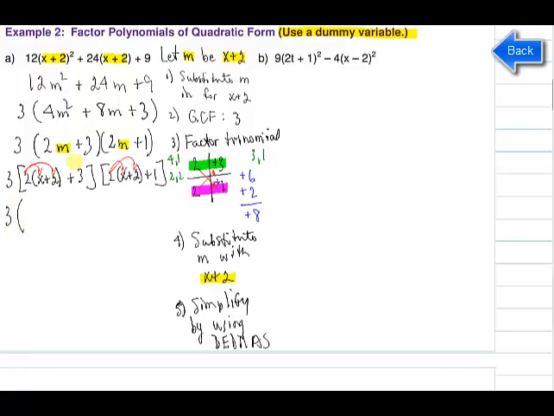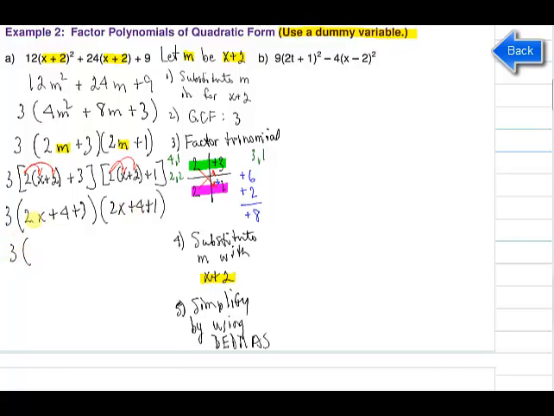And I can now change my square brackets back to round, because once I distribute, these round brackets will disappear. So I'm going to get 2x plus 4 plus 3 in my first bracket, and 2x plus 4 plus 1 in my second bracket. I'm going to combine what's inside each of my brackets.